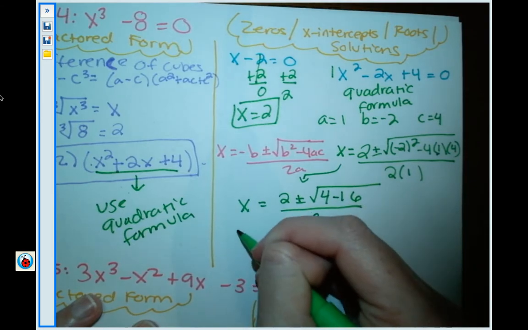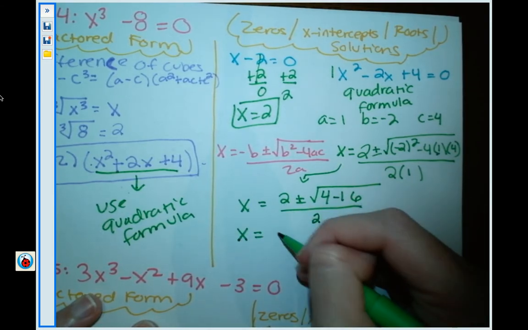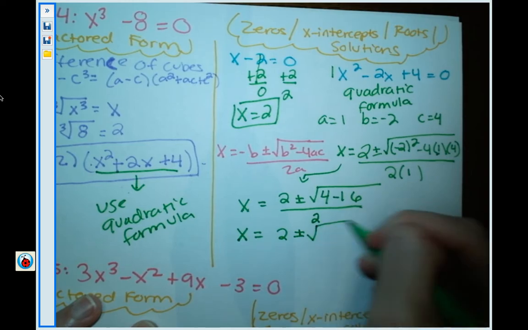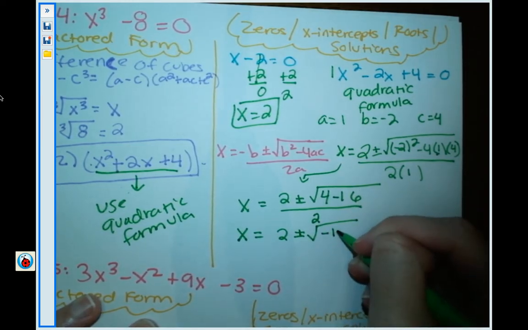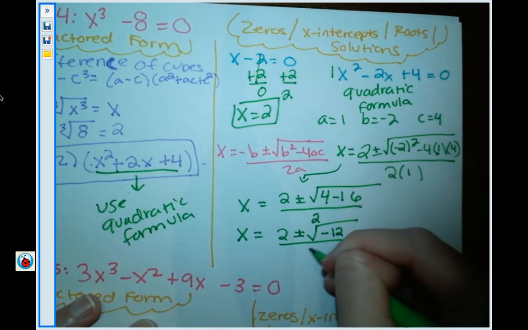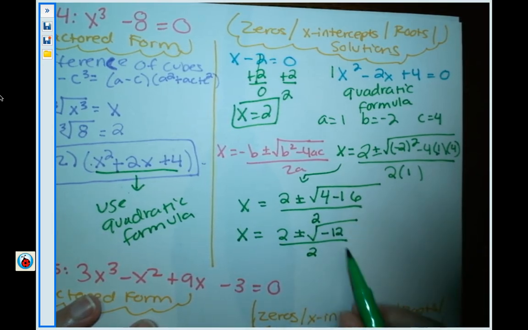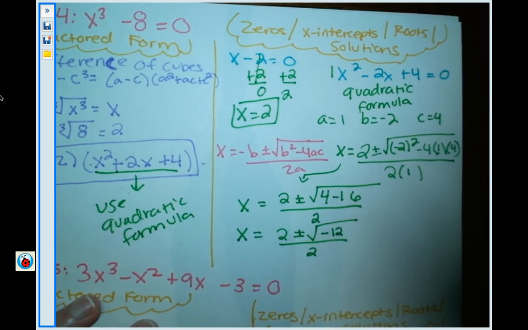Alright, let's keep going. Let's simplify that square root. So 2 plus or minus the square root of 4 minus 16, which is negative 12, all over 2. First of all, you guys, I cannot have a negative under my square root. Not allowed. So remember to make it positive, and i is going to hop out.